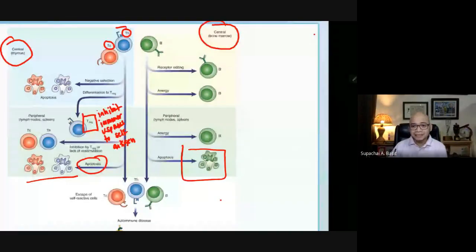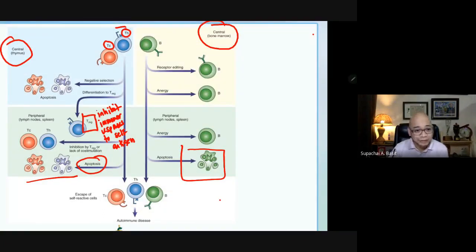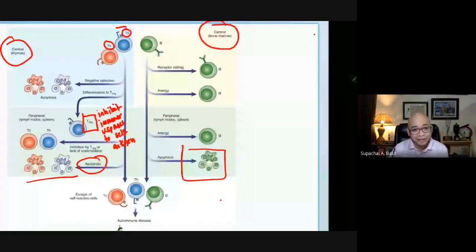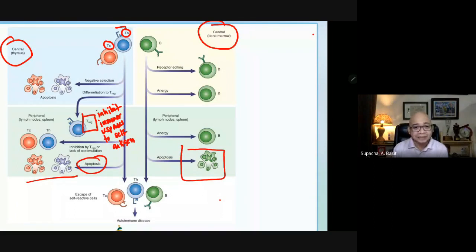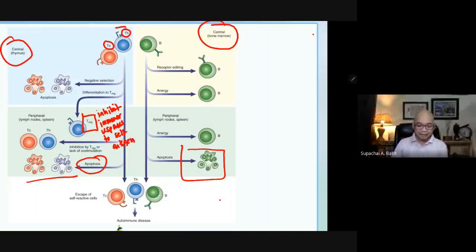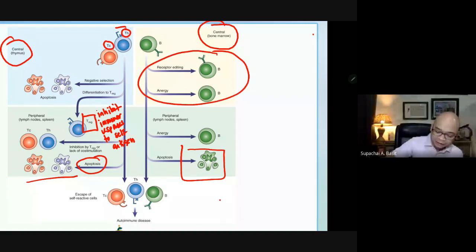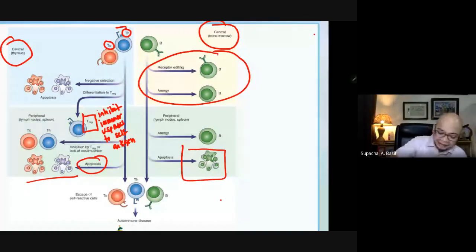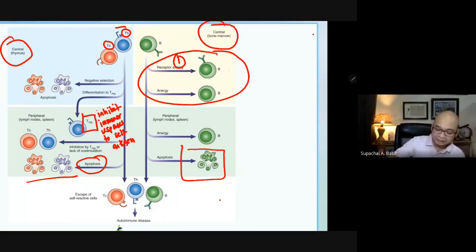Alternatively, they can edit their receptor, so they are no longer antigen-specific, or they would downregulate the expression of their receptor. So they become unresponsive to an antigen. This is what you call anergy. What's the first step to anergy? Receptor editing.